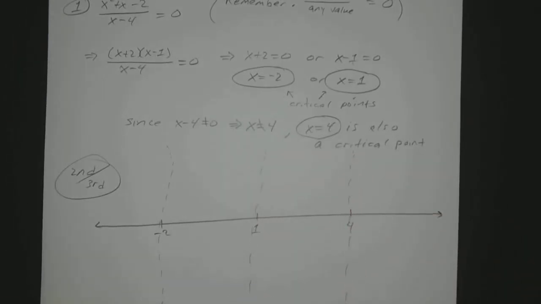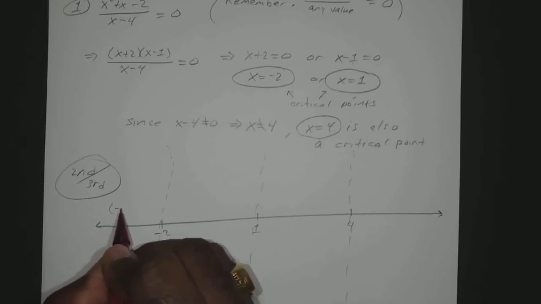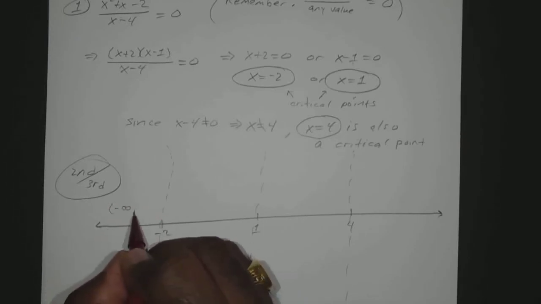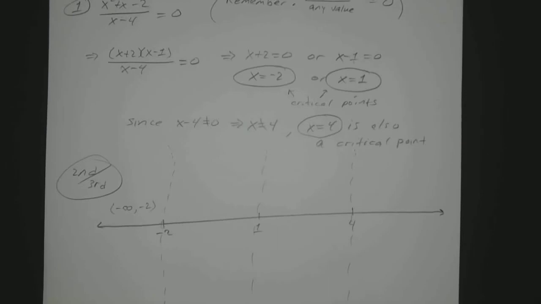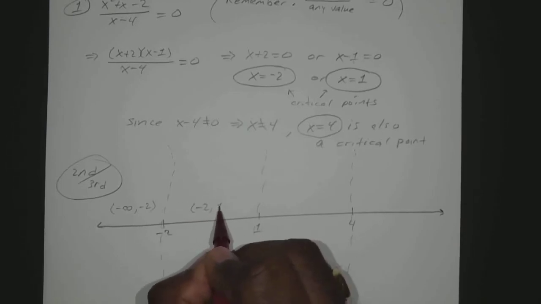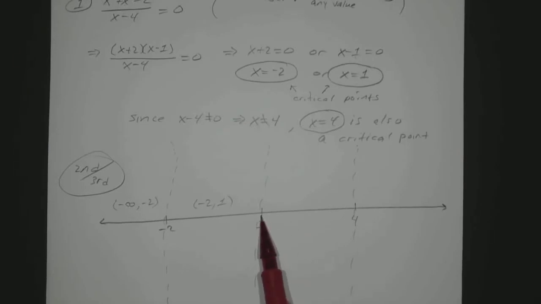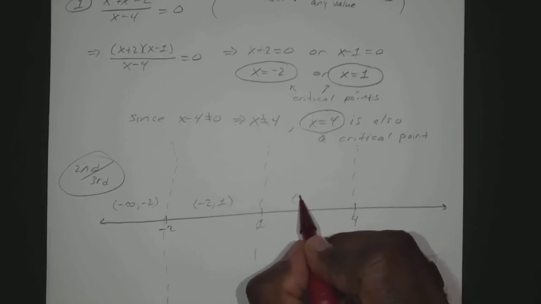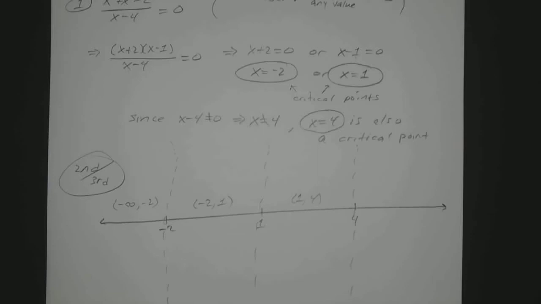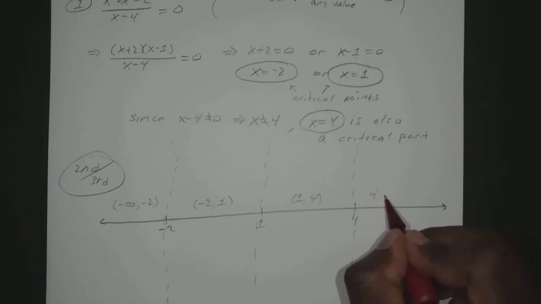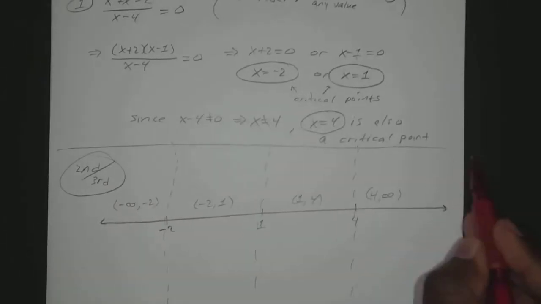Okay, so that third critical point just gives us a little extra work. Okay, so this interval is from negative infinity and stops at negative 2. This interval is from negative 2 to 1. This interval is from 1 to 4. And this interval is from 4 to infinity.